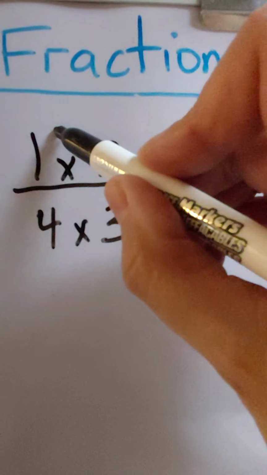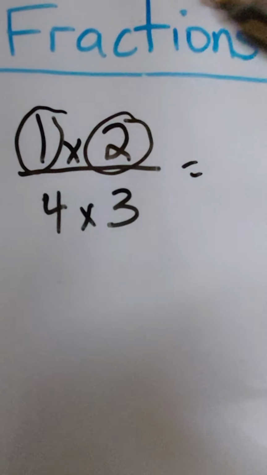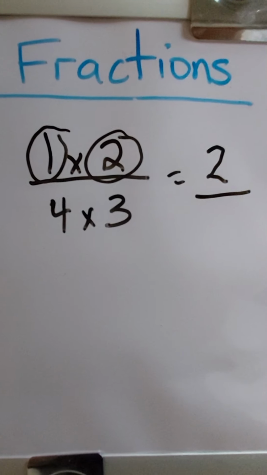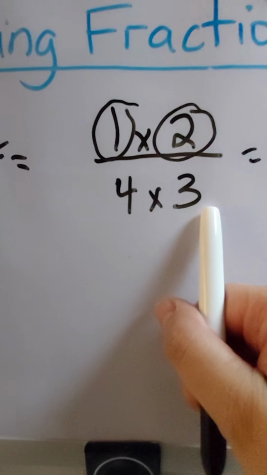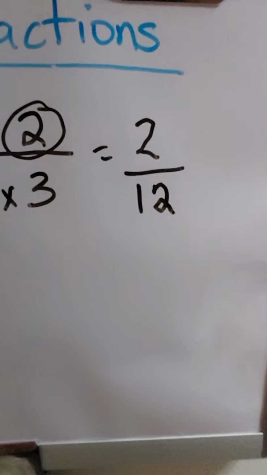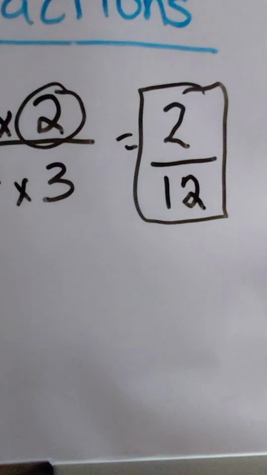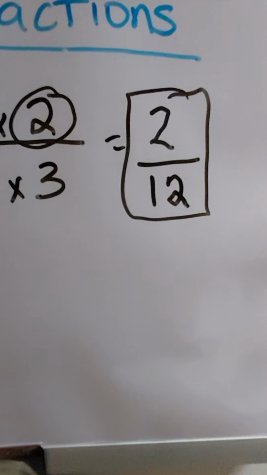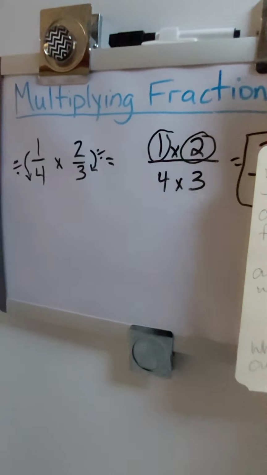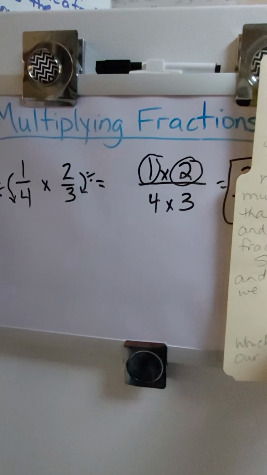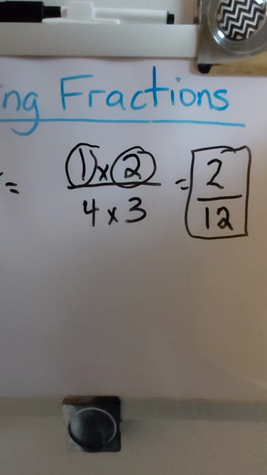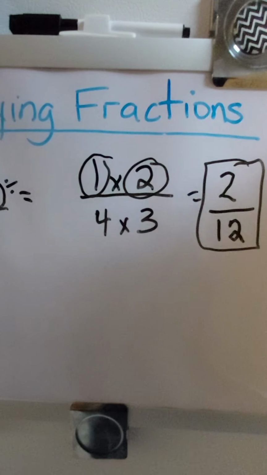So we multiply 1 times 2, and we know that equals 2. And we simply multiply 4 times 3, and we know that is 12. And there you go. That is now your answer, 2/12. So as you can see, it is so easy. Because they get along so well and we rewrite the question, now it just looks like a multiplication problem that we need to solve.